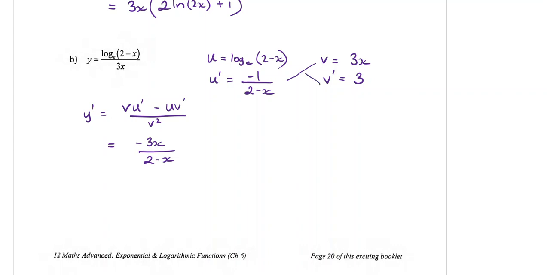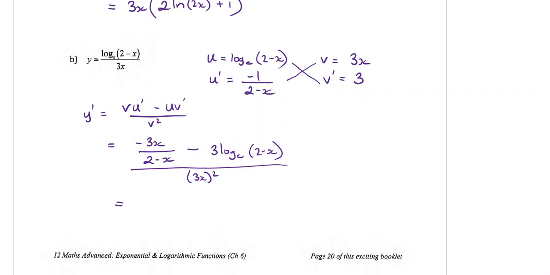Then I multiply the other way. It's going to be 3 times log base e of 2 minus x over v squared, which is 3x squared. This obviously needs a little bit of tidying because I don't like having fractions in fractions.